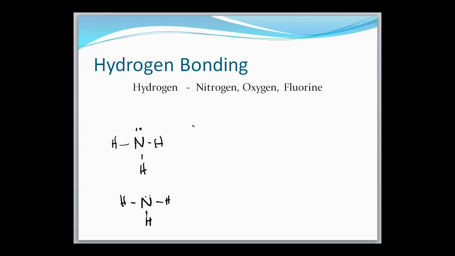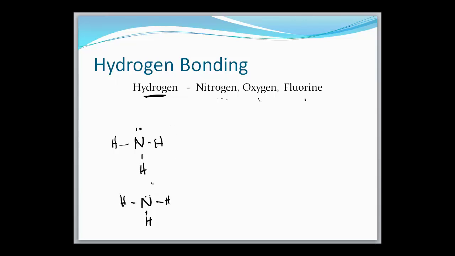So for hydrogen bonding to take place, the compound itself has to contain hydrogen, but then it also has to contain one of these three elements, either nitrogen, oxygen, or fluorine. So ammonia, you can see, obviously contains hydrogen, and it also contains nitrogen. So ammonia can undergo hydrogen bonding.